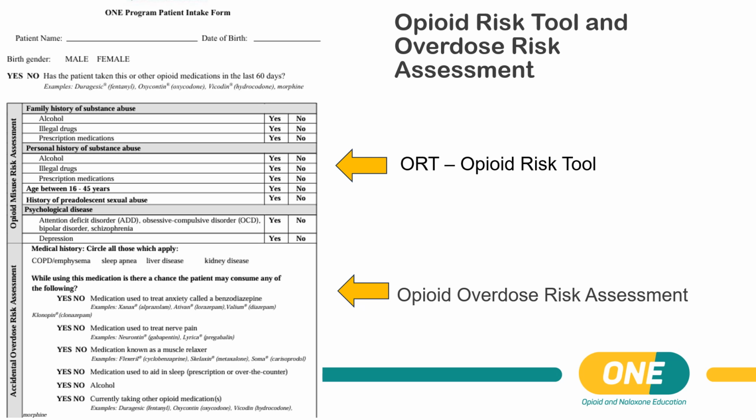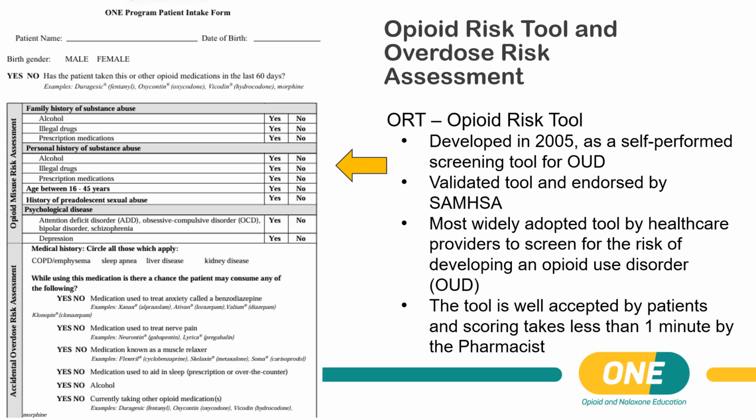The lower portion of the One Program Screening Tool focuses on risks for accidental opioid overdose, which includes comorbidities and also the potential for concurrent medications or substances to be used during the opioid therapy that will increase the risk of opioid-induced respiratory depression and mortality.